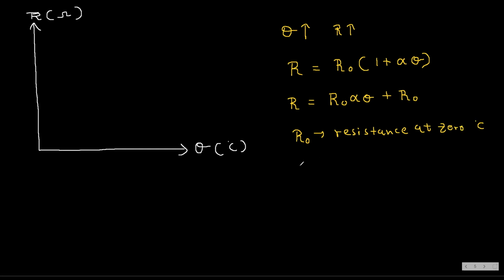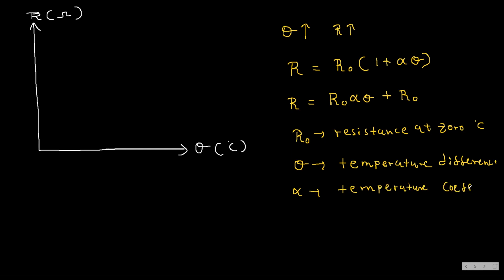Then theta is the temperature difference, and alpha is the temperature coefficient. Okay. Is it clear or not? Up to now, is it clear?